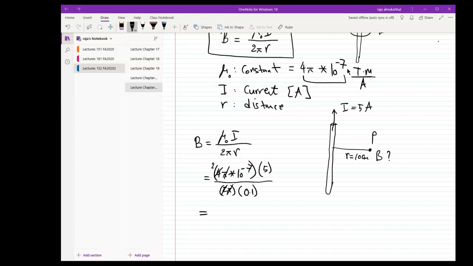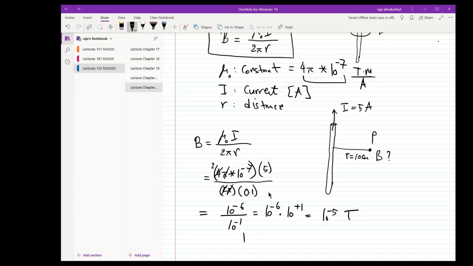And then this 2 right here and this 5 becomes a 10. 10 times 10 to the negative 7 will give me 10 to the negative 6, correct? And then this 0.1 is basically 10 to the negative 1. I'm trying to do it without a calculator. So that's 10 to the negative 6 times 10 to the positive 1. So that's just 10 to the negative 5 Tesla.